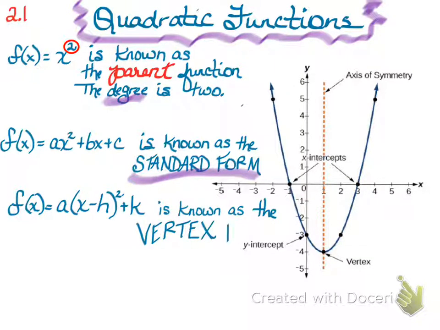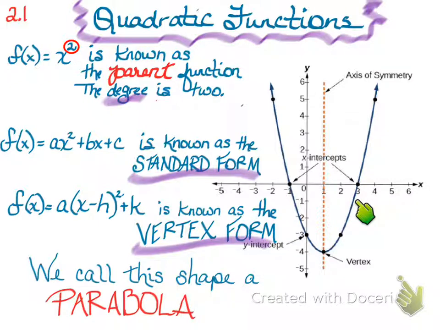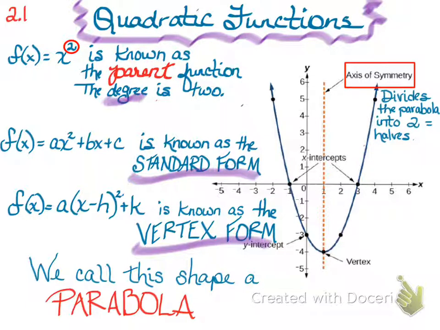This template should look slightly familiar because it goes along with our GPS system that we learned about in Chapter 1. We call this graph right here a parabola. So we don't call it a quadratic function, we call it a parabola. A parabola has an axis of symmetry, as we mentioned earlier, and that line divides the parabola into two equal halves. I use this little abbreviation, AOS, for axis of symmetry.